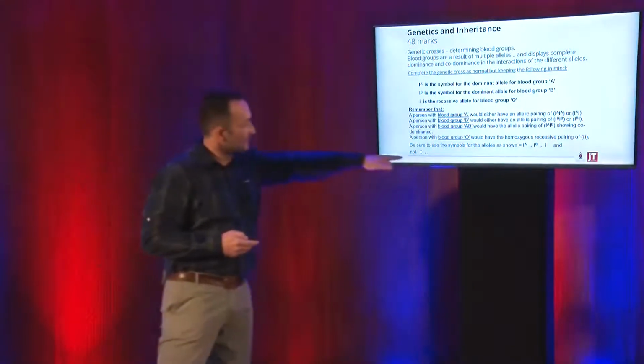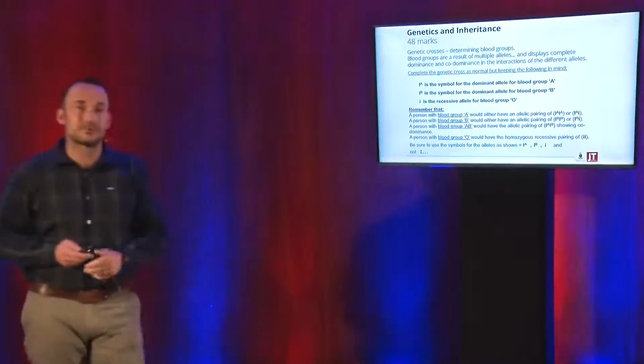If we write down a capital letter I, like you see at the bottom over there, it's no longer going to be accepted. This is something that's going to cost us marks unnecessarily, because the concept of determining blood groups we know. Something as simple as how we write down our letter I costing us marks at the end of the day. We don't want that.